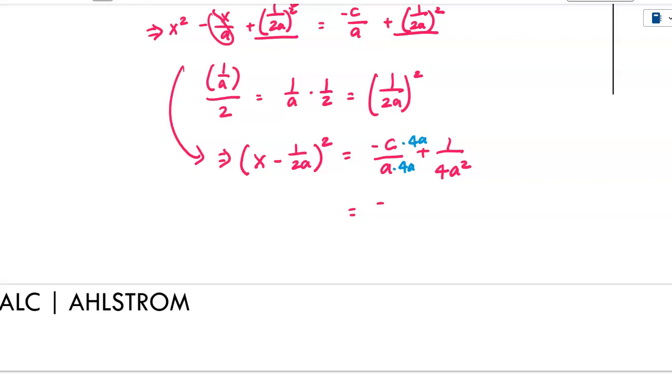So I have a negative 4ac plus 1 over 4a squared. On this side, I have x minus 1 over 2a squared.